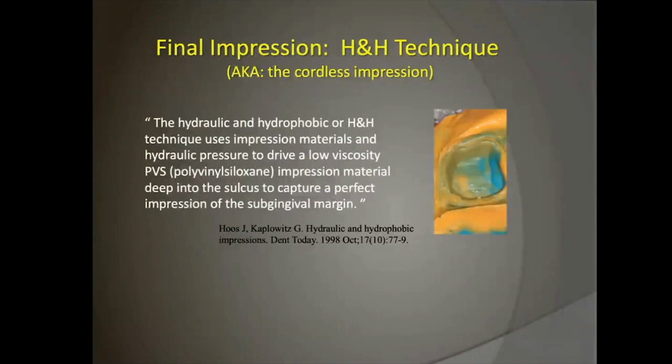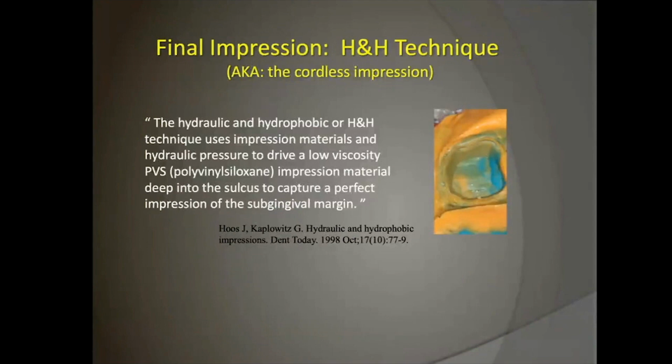So final impressions, we have something called the H&H technique, and I want to share this with you. This is a little bit advanced, and what it involves is making an impression of the crown or the bridge or the tooth preparation using polyvinyl, a very specific type of polyvinyl.